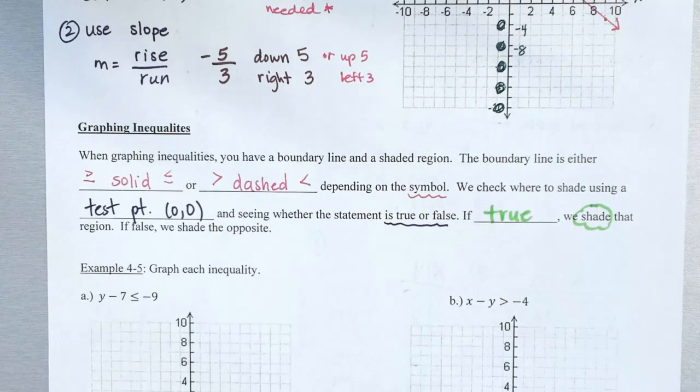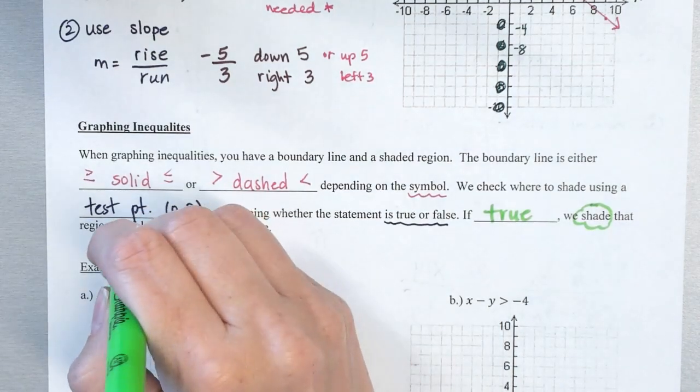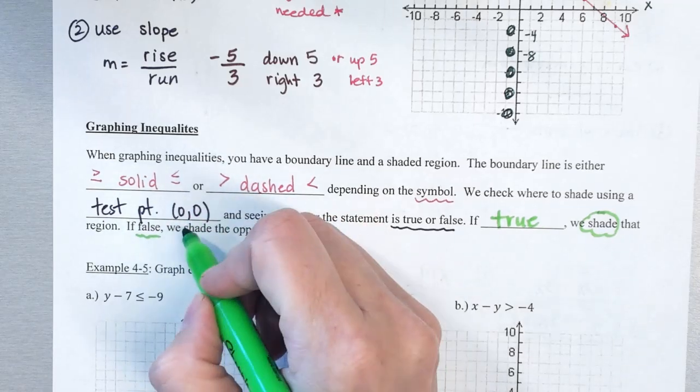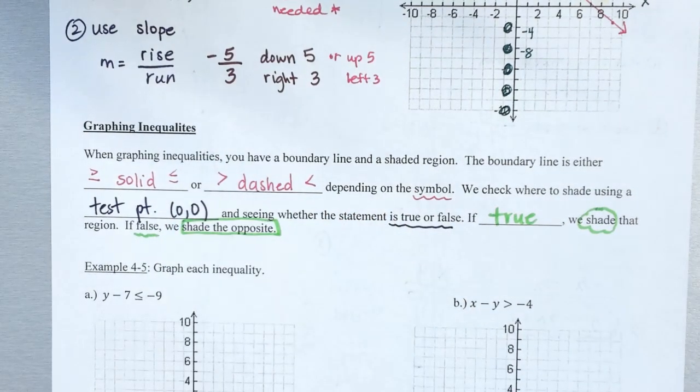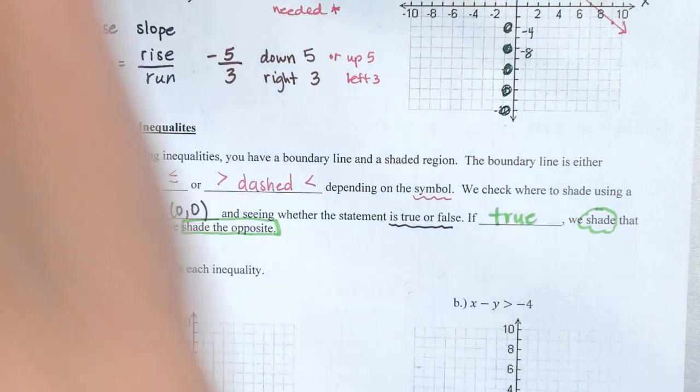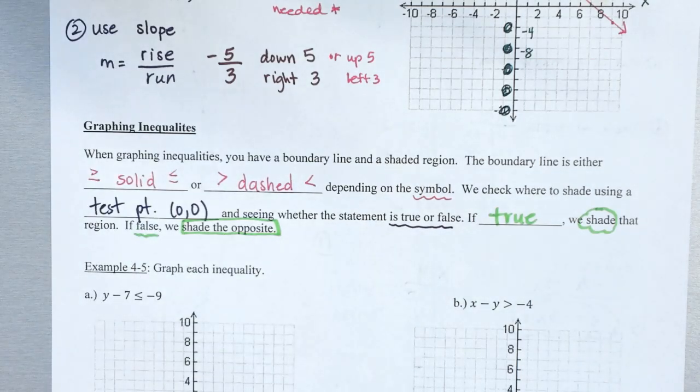And the region is going to change depending on what your line looks like. And then if it is false, you are going to shade the opposite region. Okay, so if it's true, you want to shade it. If it's false, you want to shade away from it. Okay, and we're going to use some of the same concepts that we did in example 3.